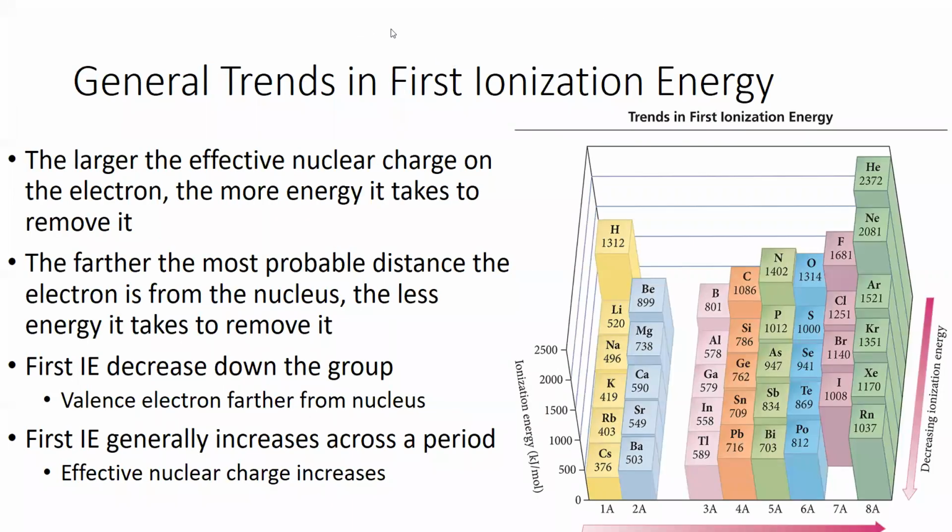If we look at trends in ionization energy, or at least the first ionization energy, what we see is that generally, as you move from left to right across the periodic table, the first ionization energy goes up, which makes sense.